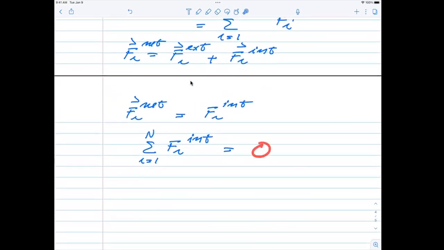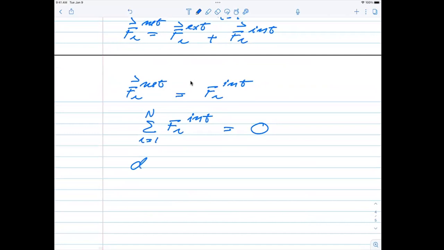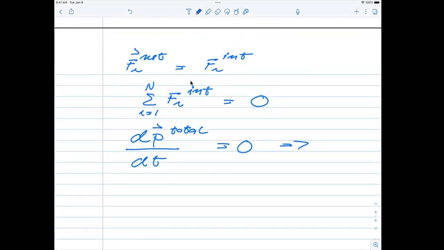So again, everything is equal to 0. And that means that the time derivative of the total linear momentum, dP/dt, is actually equal to 0, which again means that the total linear momentum doesn't change with time. So momentum is conserved. And that's also a very important conservation law.